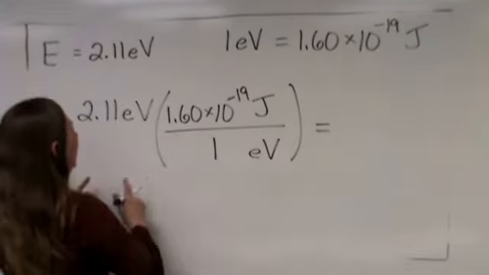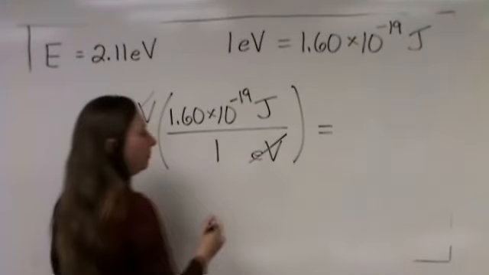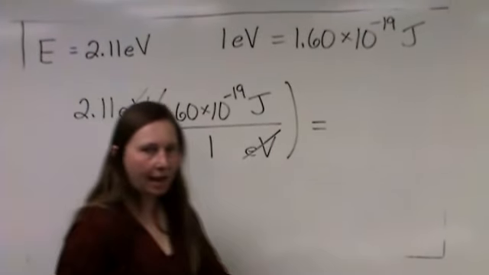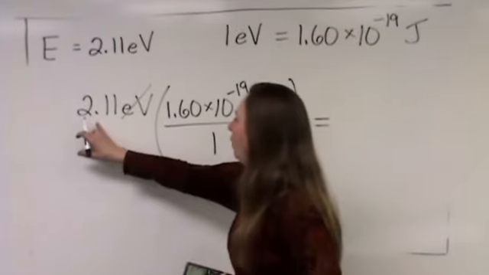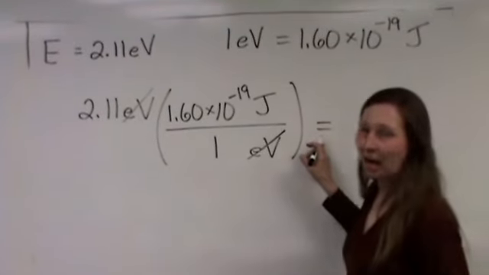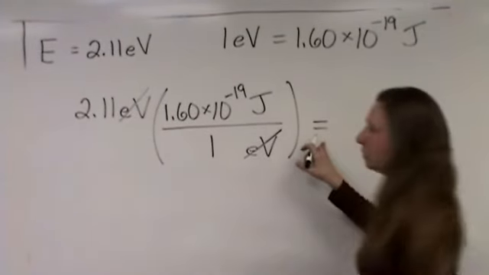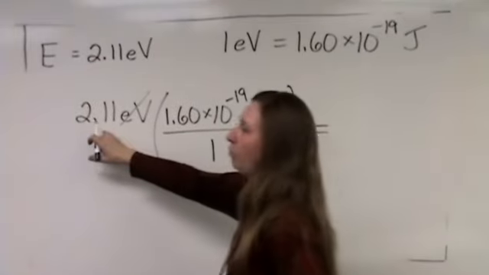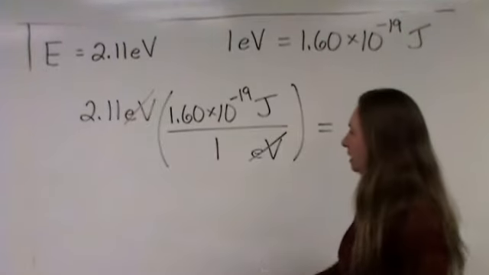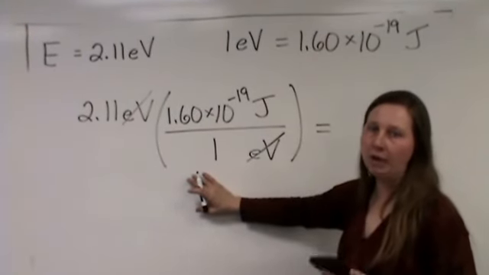Ready? Now, the electron volts, top and bottom, cancel. That's why I put the electron volts down here. And now, 2.11 times this. The equal sign is over here. You cannot cross multiply this. It's 2.11 times 1.6 times 10 to the negative 19. If there was something on the bottom, we would have to divide.